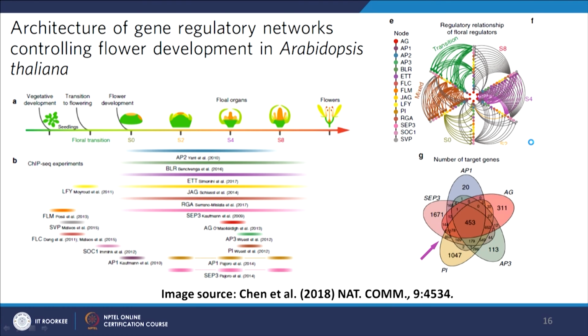A similar kind of thing has been done here, on the architecture of gene regulatory networks controlling flower development in Arabidopsis thaliana. As I said, flowering starts from the transition from vegetative phase to reproductive phase. Once this transition has occurred, the floral primordia under the floral meristem undergo different developmental stages, and targets of transcription factors at different developmental stages have already been identified.